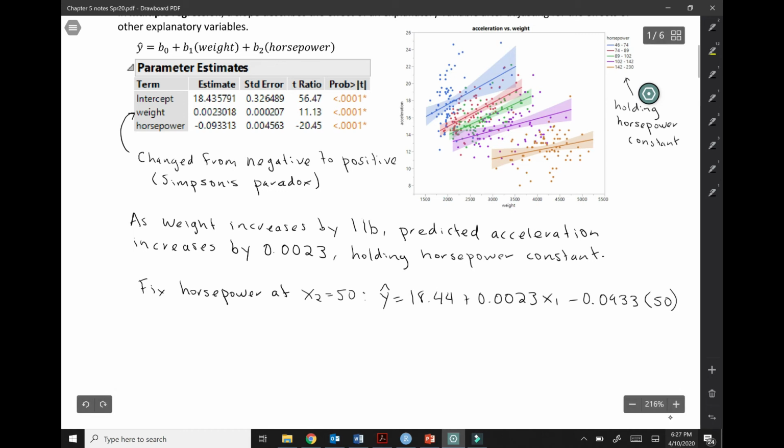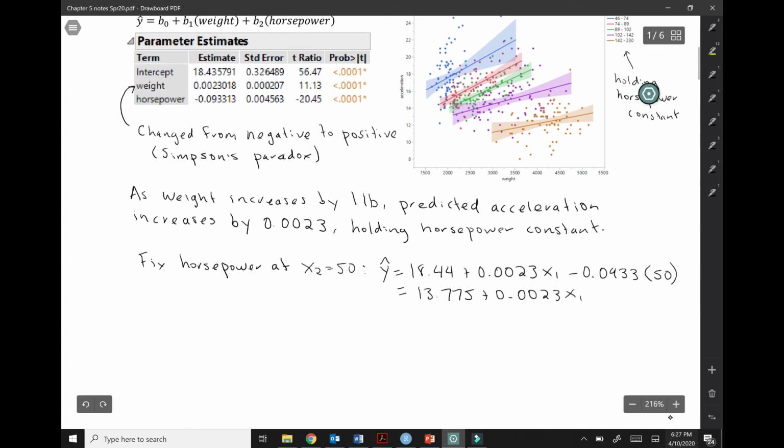So notice now this is just constants, so I can put that together with the intercept, and I end up with 13.775 plus 0.0023 times x1. Remember, x1 here is weight. Okay, so you could plug in a particular value of horsepower and get the equation that relates weight to acceleration.